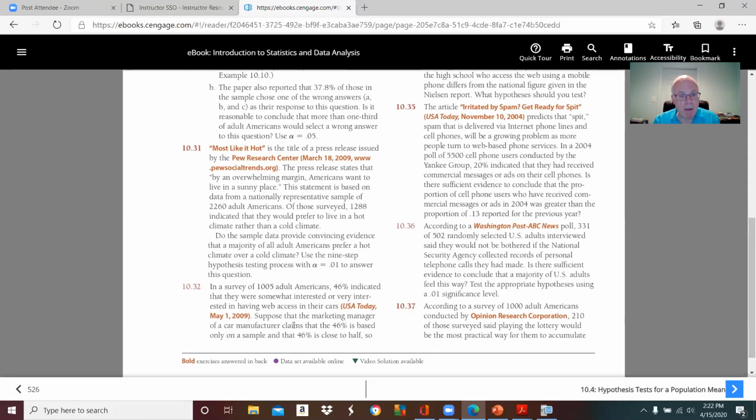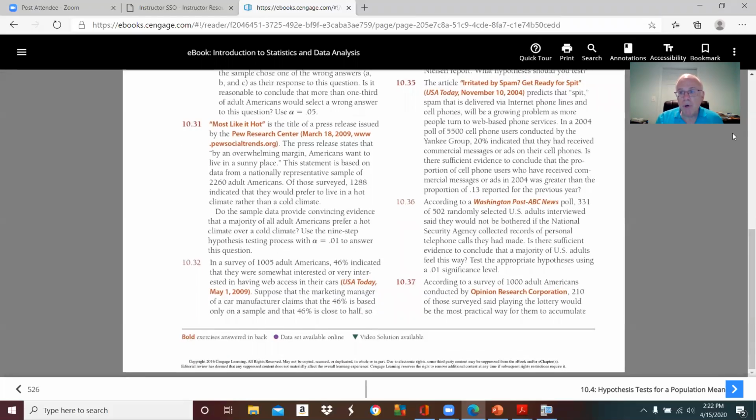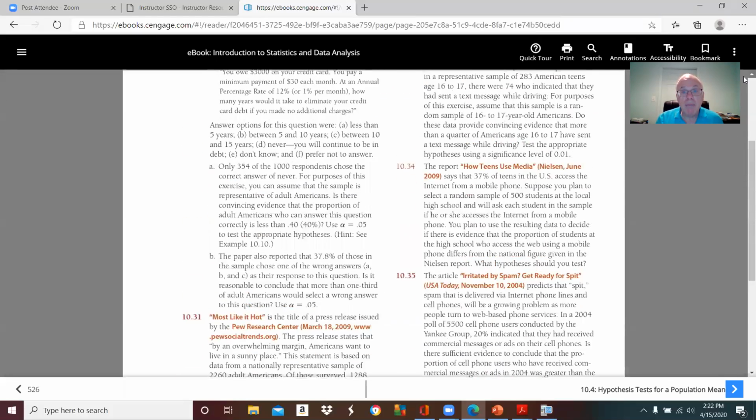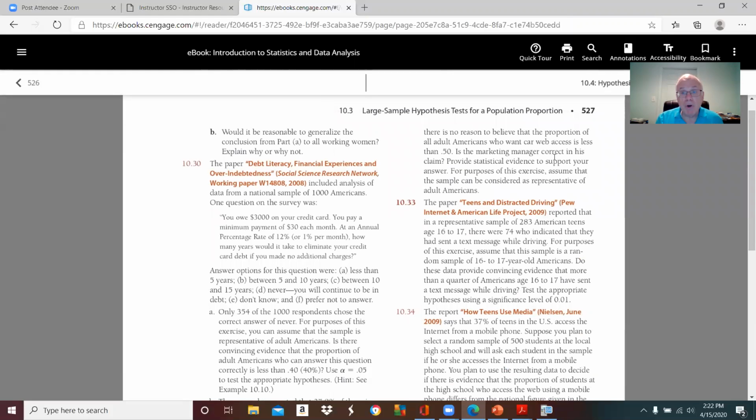Suppose that the marketing manager of a car manufacturer claims that this 46% is based only on a sample, and that 46% is close to 1/2. Okay. So there's no reason to believe that the proportion of all adult Americans who want car web access is less than 0.5. Is the marketing manager correct in this claim?